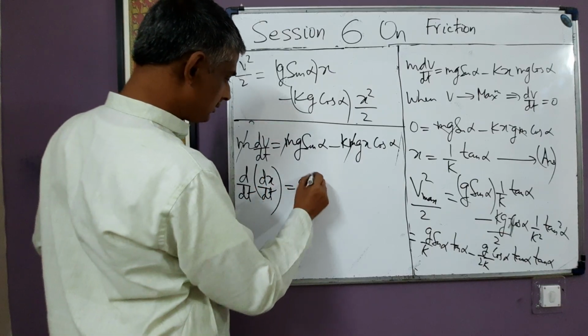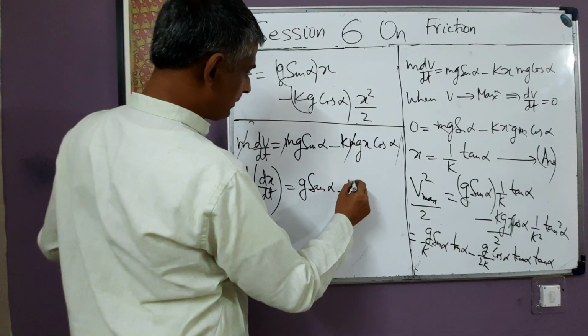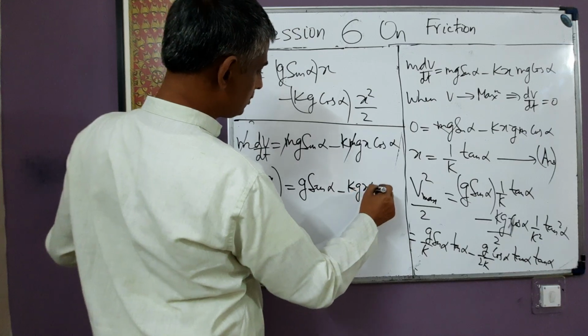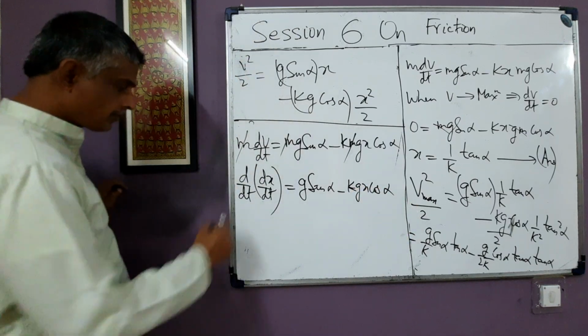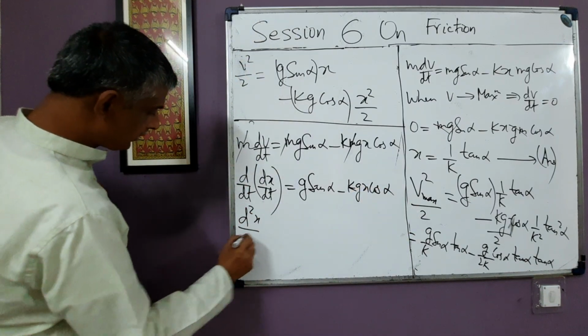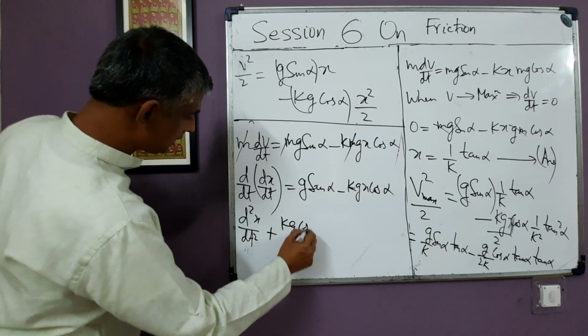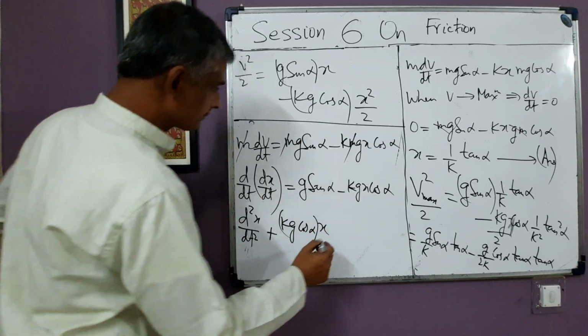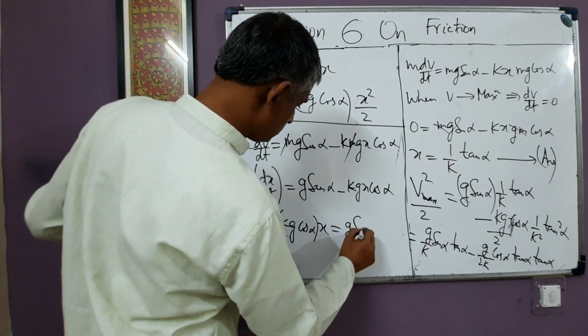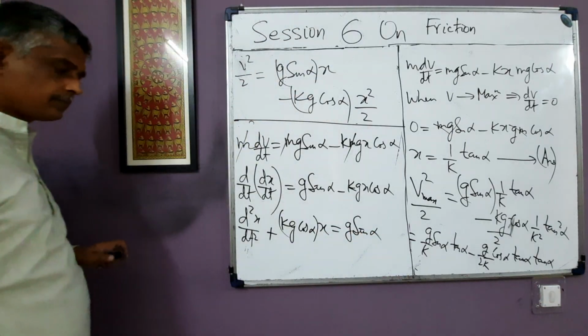That becomes g sin alpha minus kxg cos alpha. This becomes d2x by dt2 plus kg cos alpha into x is equal to g sin alpha.